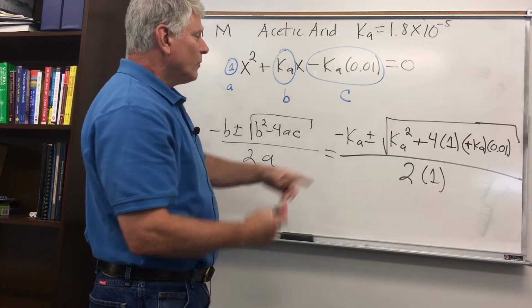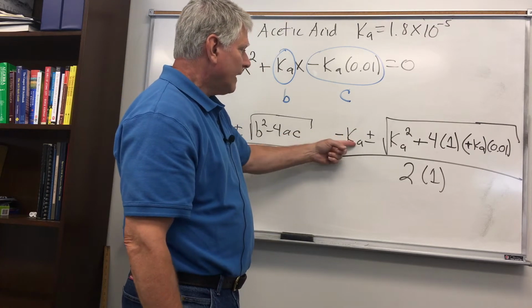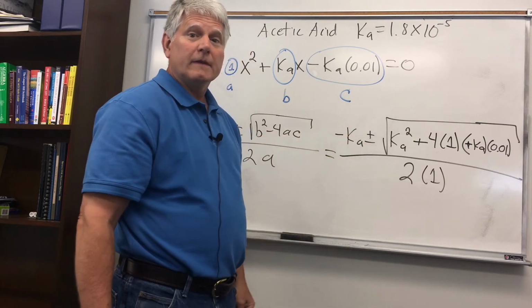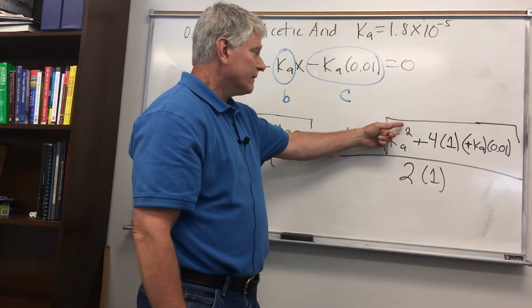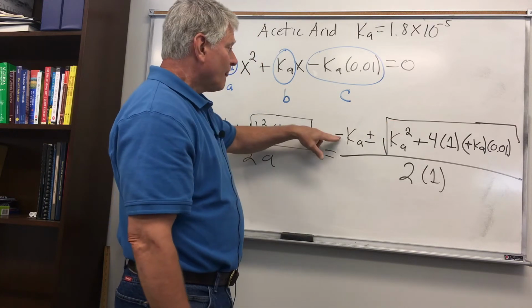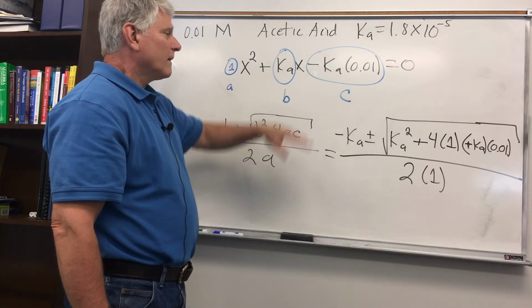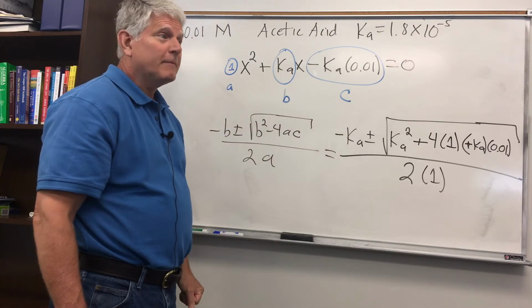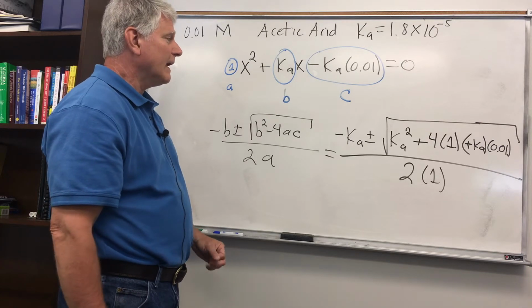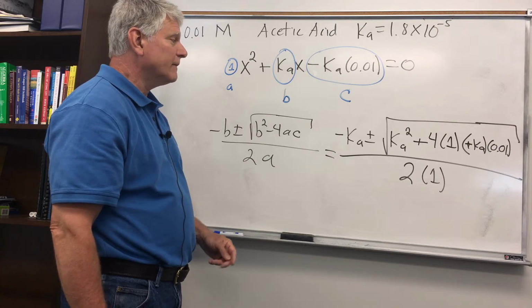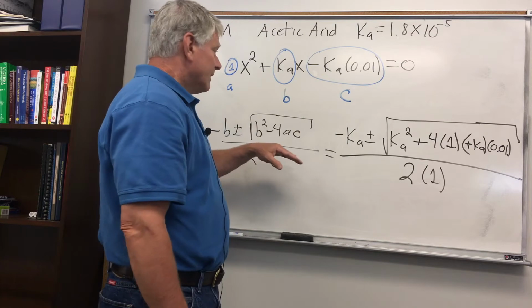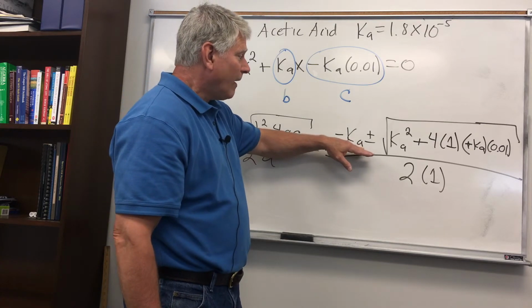And I'll get two roots. I'll have negative Ka plus or minus this radical here. Now, the concentration has to be positive, and so we're letting x be the concentration of H3O plus, and so x has to be positive.